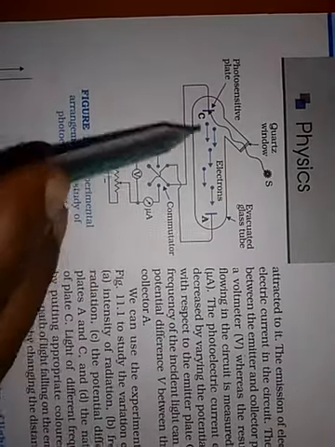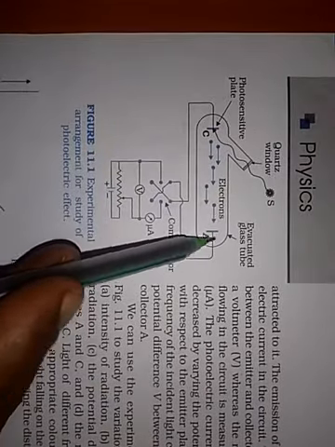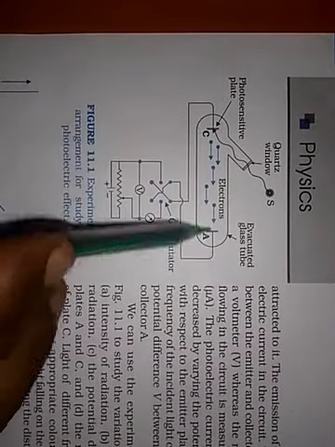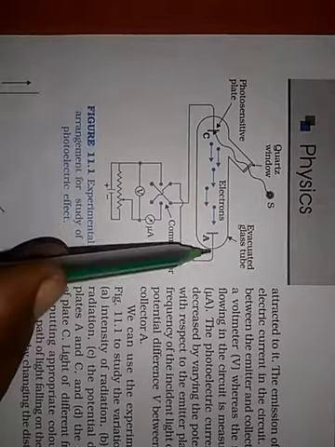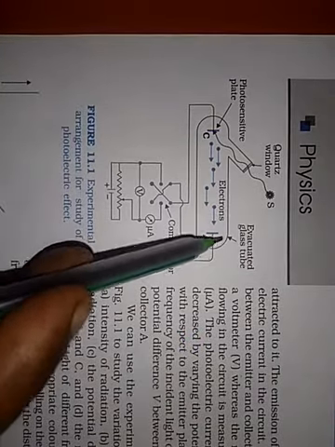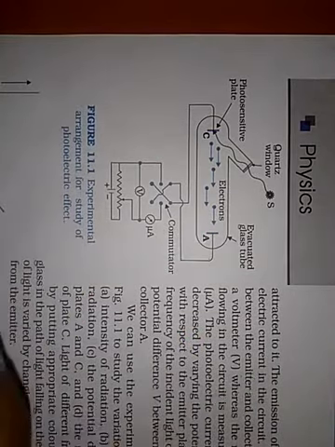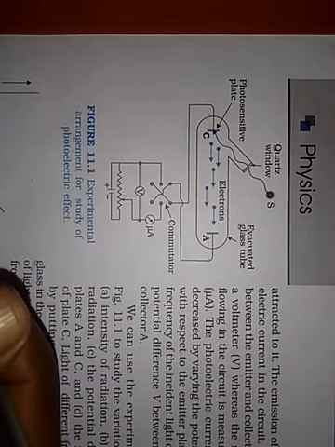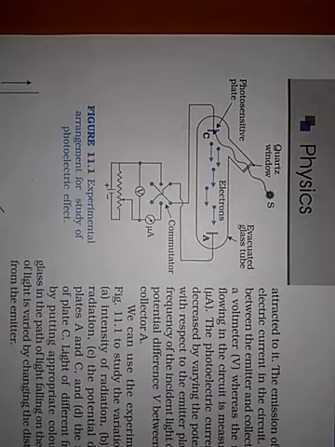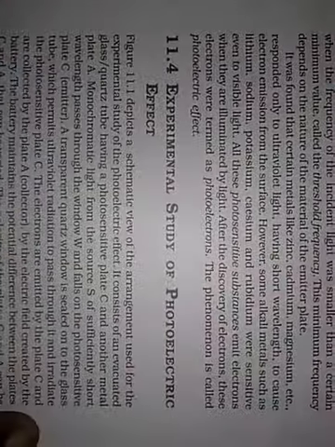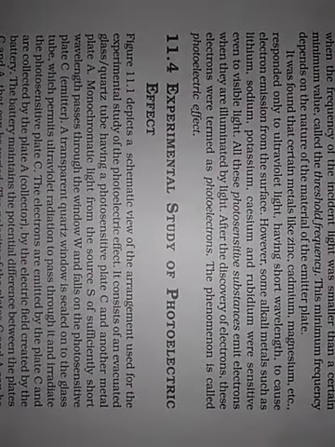I told you the anode and cathode can be positive and negative for forward bias, and then you can make them negative and positive. So we have dealt with the intensity of light, stopping potential and its effect with different frequencies. So that's all about this topic, the experimental study of photoelectric effect.